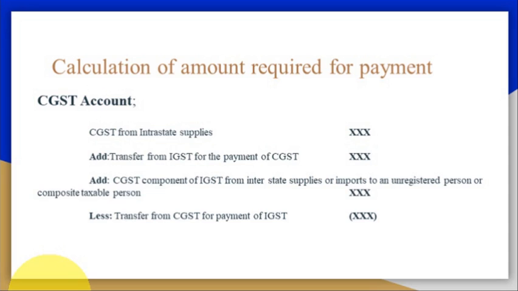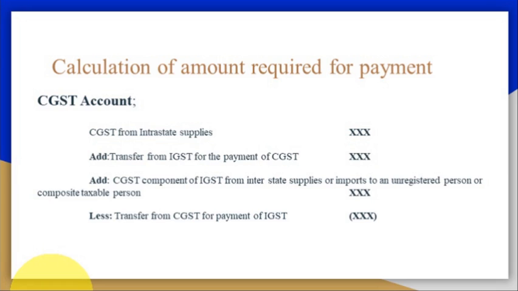Now, the first step is collection of taxes from the intra-state suppliers, and add any IGST amount for the payment of CGST, and also add any IGST from interstate suppliers or imports to an unregistered person or composite taxable person, and finally you deduct the amount transferred from the CGST account to the IGST account on the payment of IGST. The remaining amount is the CGST account balance.